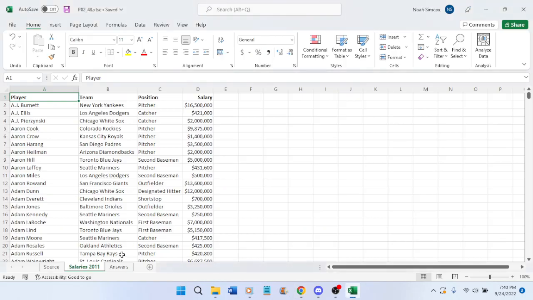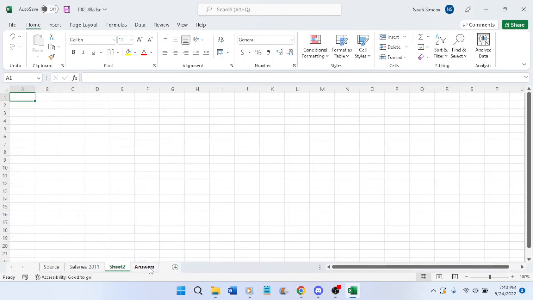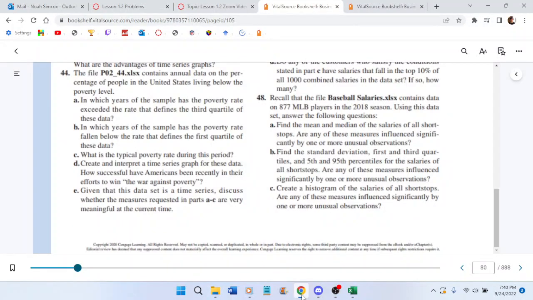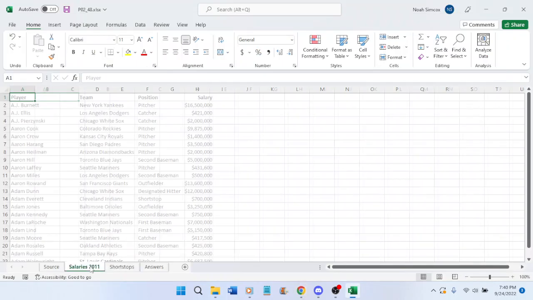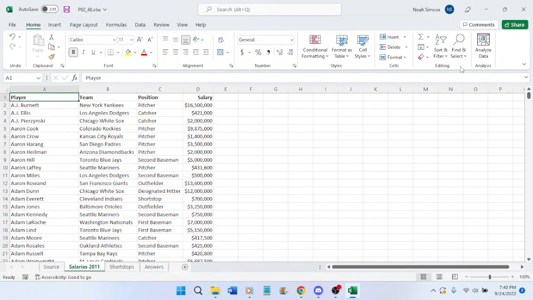So anyways, we're going to create a new tab, which would be Shortstops. I was just trying to make sure I said it right. Filter.